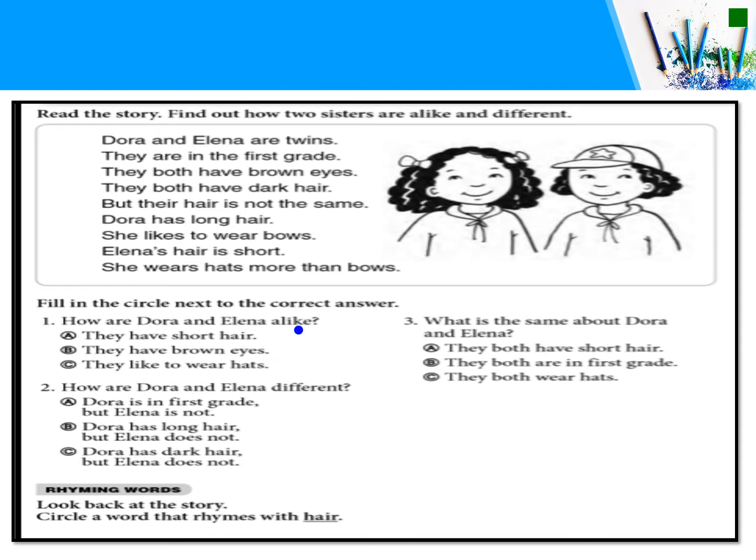Alike means same. They have short hair. They have short hair both? No. They have brown eyes. They like to wear hats. So the answer is they have brown eyes.